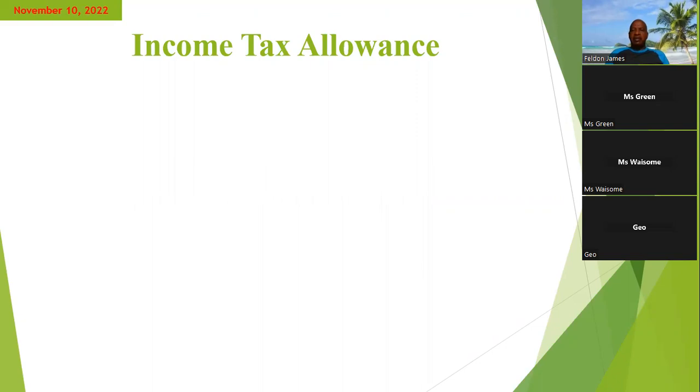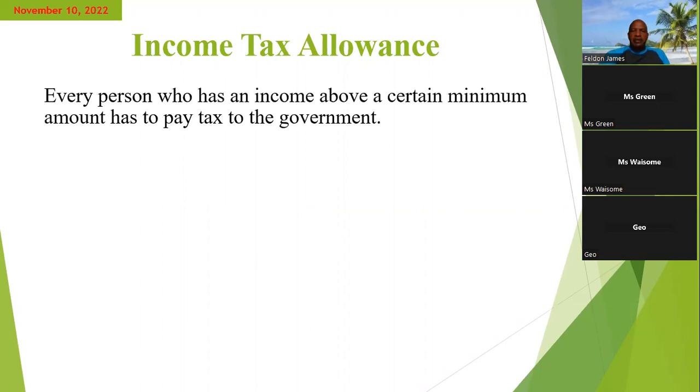Now, the allowance is what is given to you based on your condition. So if you have children, you will get allowance, and the allowance that you get would be things that are not taxed. So if they say, I give you an allowance for children, it means that based on the number of children, they won't tax you on that. All right, so that's where the allowance comes in. Every person who has an income above a certain minimum amount has to pay tax to the government.